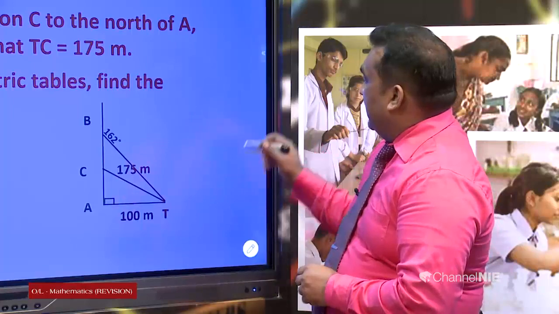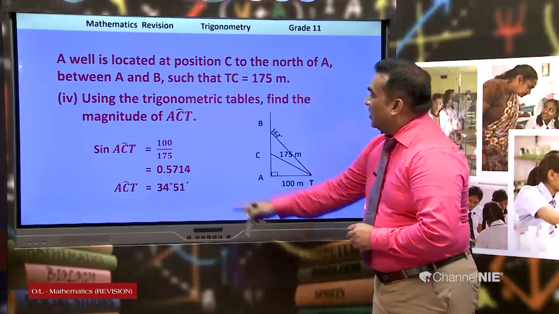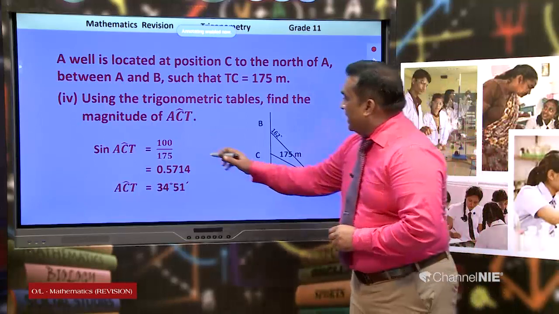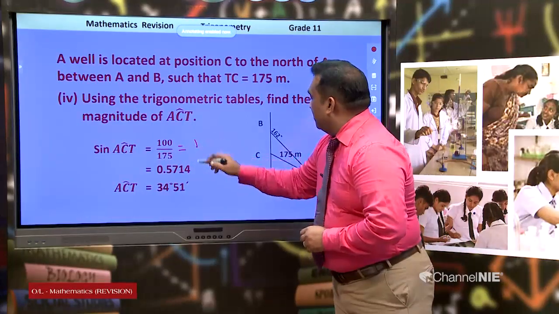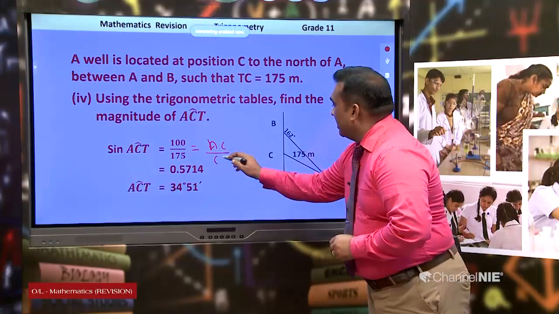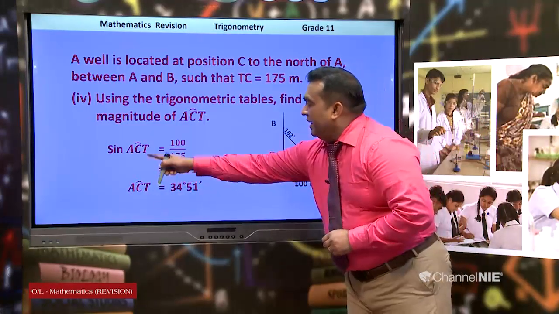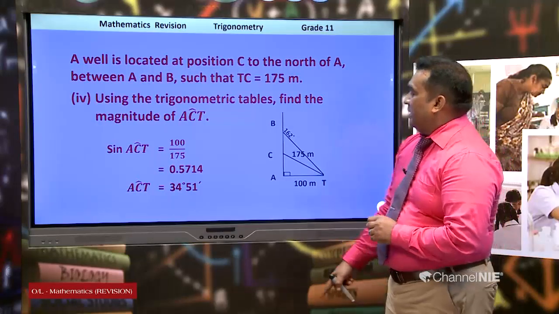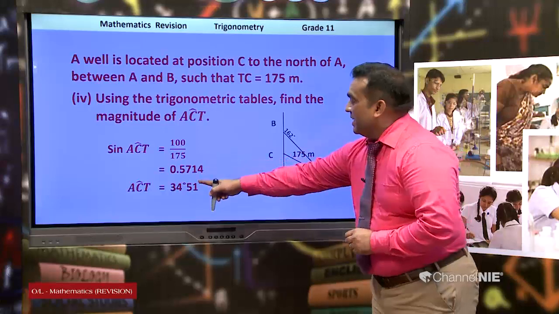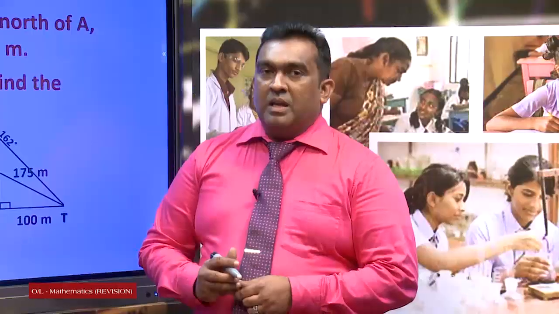So sine ACT is equal to 100 over 175, that is AT over CT. Now after completing the calculation, you have angle ACT equals 34 degrees and 51 minutes.